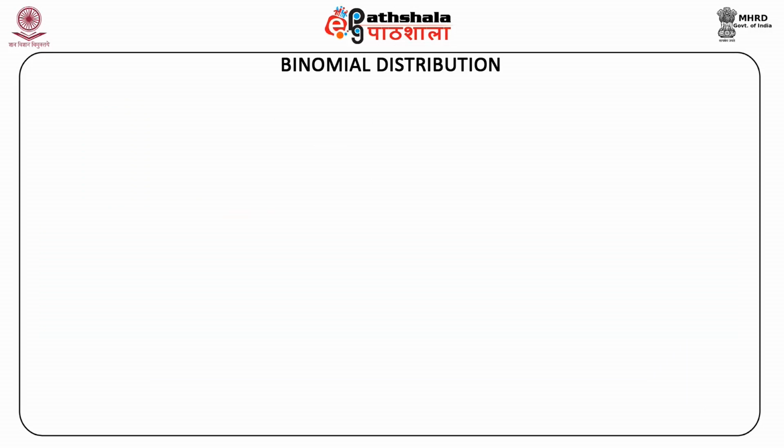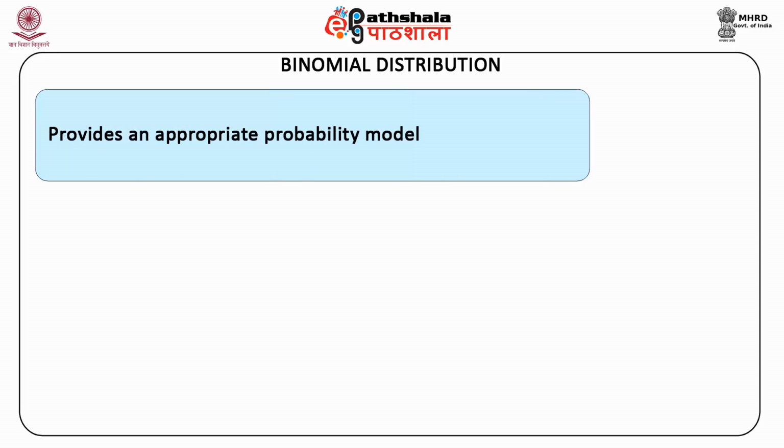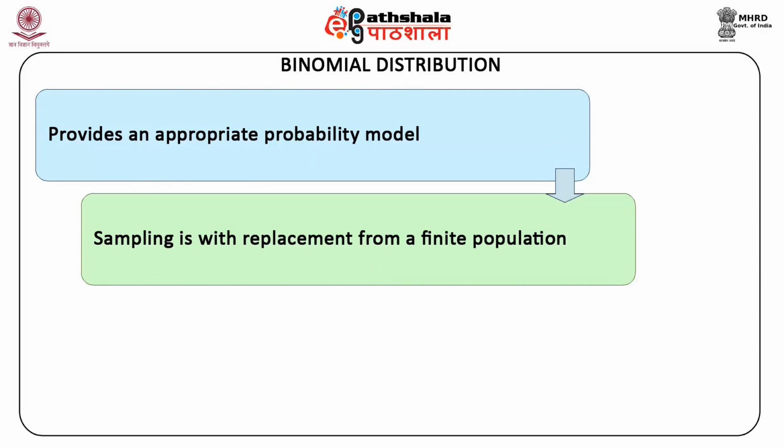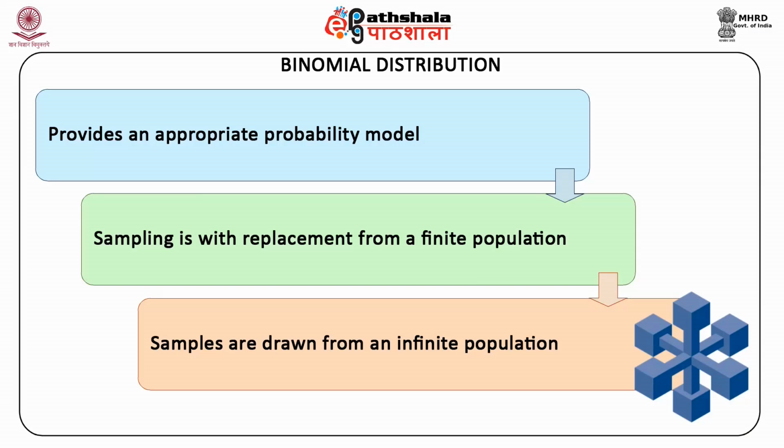Moving on to the binomial distribution. Binomial distribution provides an appropriate probability model when sampling is done with replacement from a finite population or when samples are drawn from an infinite population with or without replacement.